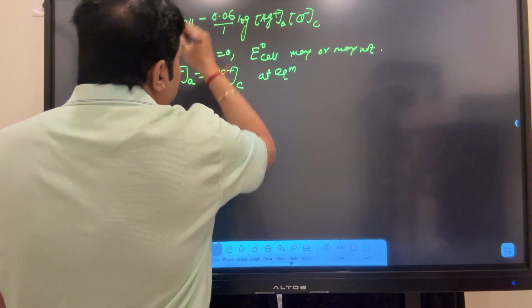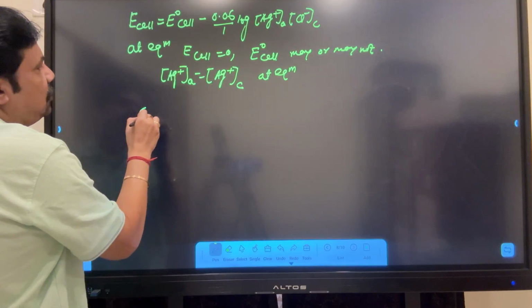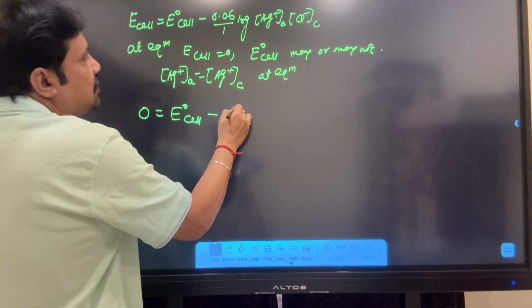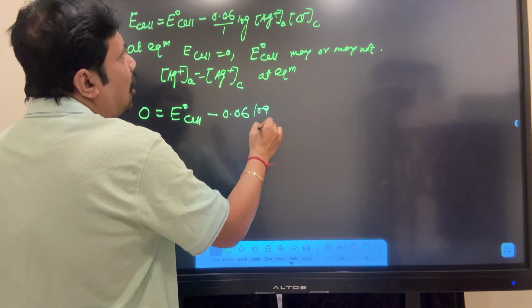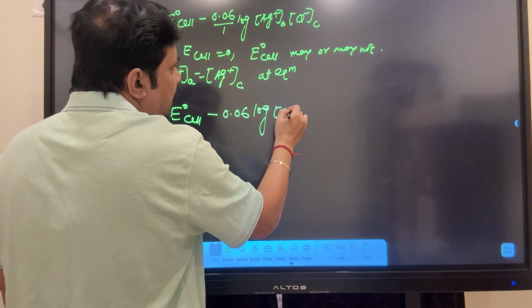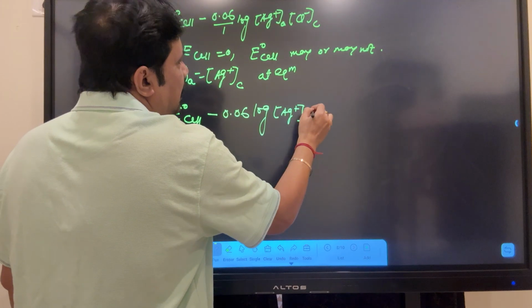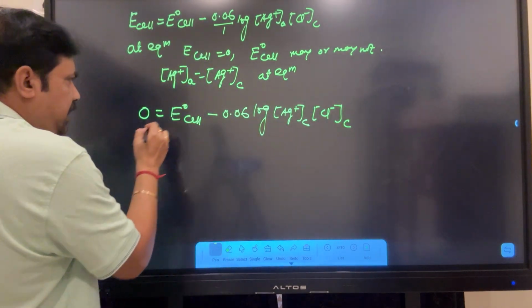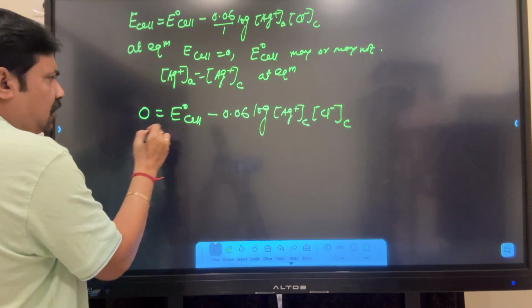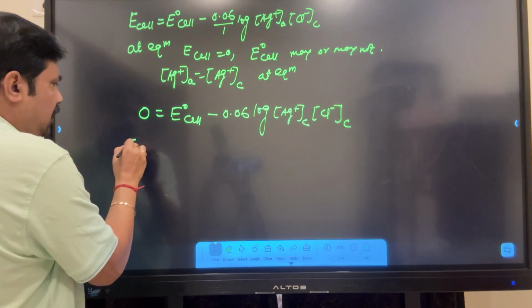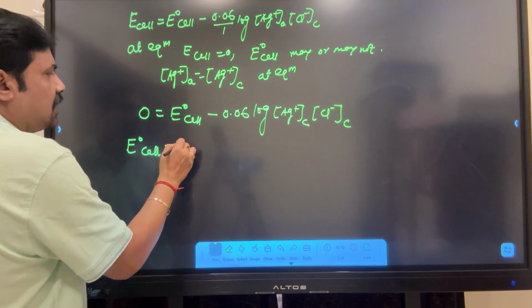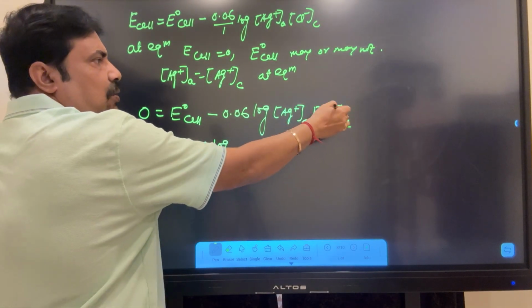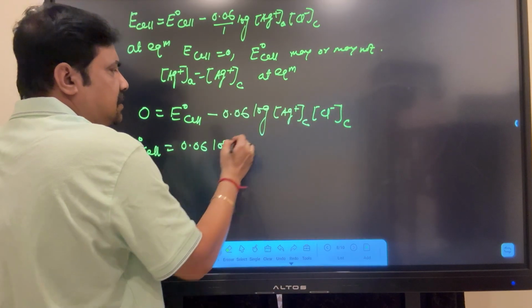Then from the Nernst equation I can write E cell equals 0, E naught cell minus 0.06 log of, instead of silver ion concentration at anode I can replace it with silver ion concentration at cathode, into chloride ion concentration at cathode. Then E naught cell will be equal to 0.06 log of silver ion concentration at cathode into chloride ion concentration at cathode.